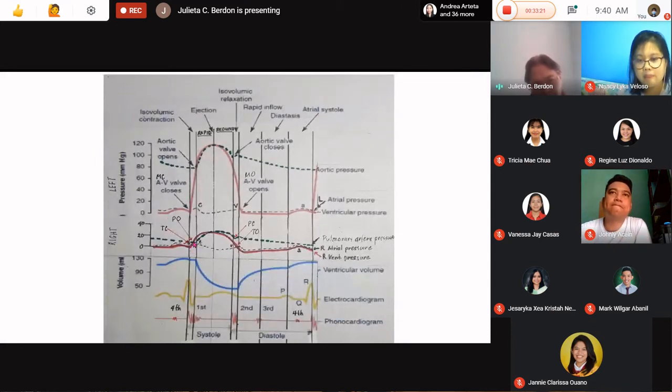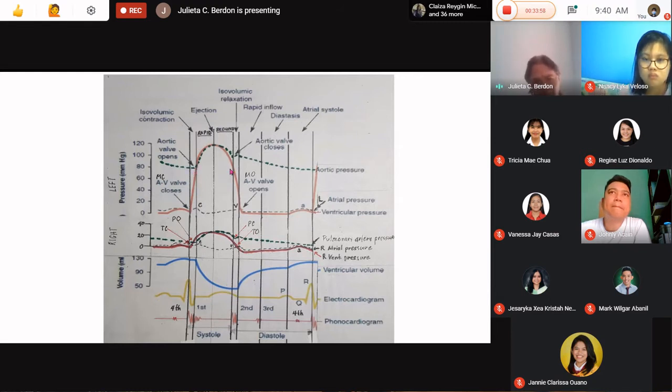When that opens, that is the end of your isovolumetric phase, since there is no change in volume. That marks the end of the isovolumetric phase of your systole in the cardiac cycle, and the beginning of the next phase, which is the rapid ejection phase. So blood is rapidly ejected.